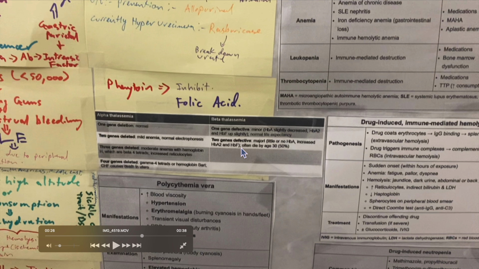Okay, alpha thalassemia and beta thalassemia, there's just a difference between the two. In alpha thalassemia, one gene deletion is normal, two genes deleted is mild anemia and normal electrophoresis, three genes deleted gives moderate anemia with hemoglobin H, which are beta 4 tetramers, increased reticulocytosis.